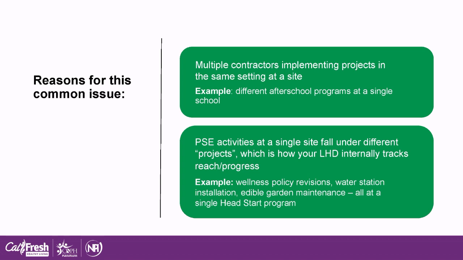For example, you might be tracking wellness policy revisions, water station installations, and edible garden maintenance all at a single Head Start program. For each of these examples, we understand the logic behind making multiple entries, but need you to stick to the one entry per site setting combination rule of thumb in order to avoid having your entries flagged.